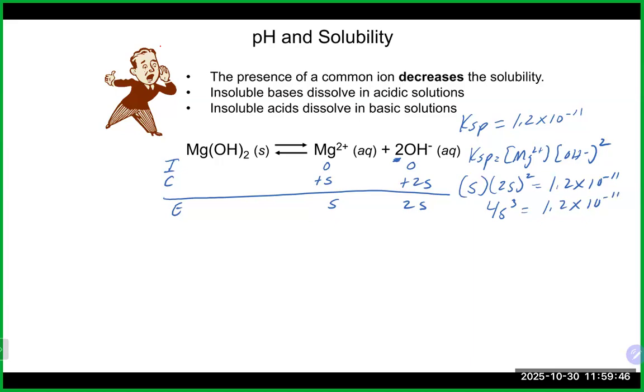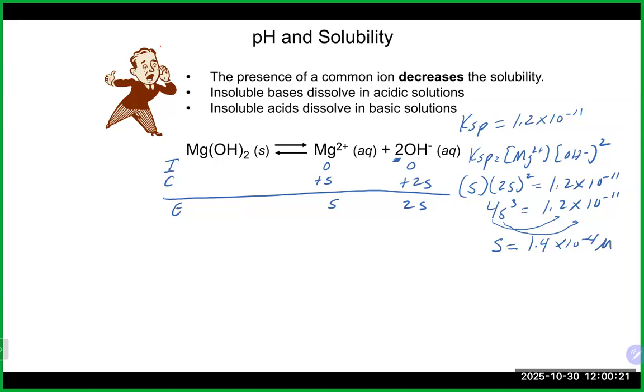Going to divide the 4 to the other side and then take the cube root of it afterwards. We'll go 1.2 to the minus 11 divided by 4 and take our cube root. That will get us an S that is equal to 1.4 times 10 to the minus 4. And again, that is molar in this case.